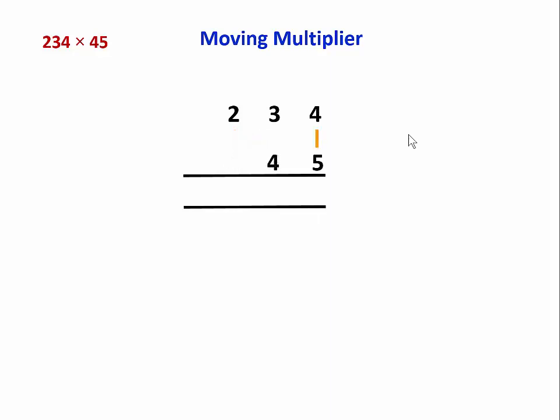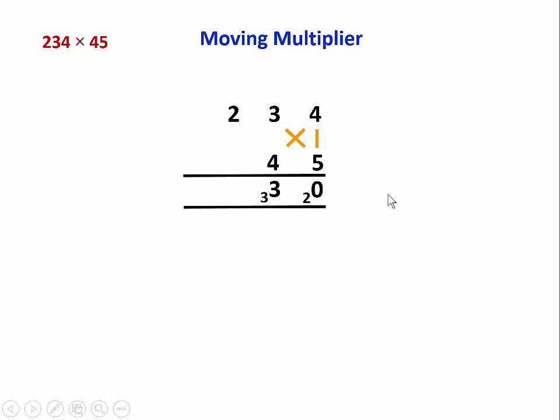So we begin with 4 times 5 is 20. Put down 0, carry 2. Now crosswise, 3 5s are 15, 4 4s are 16, 15 and 16 is 31, and with the carry 2 we've got 33. Put down 3, carry 3.